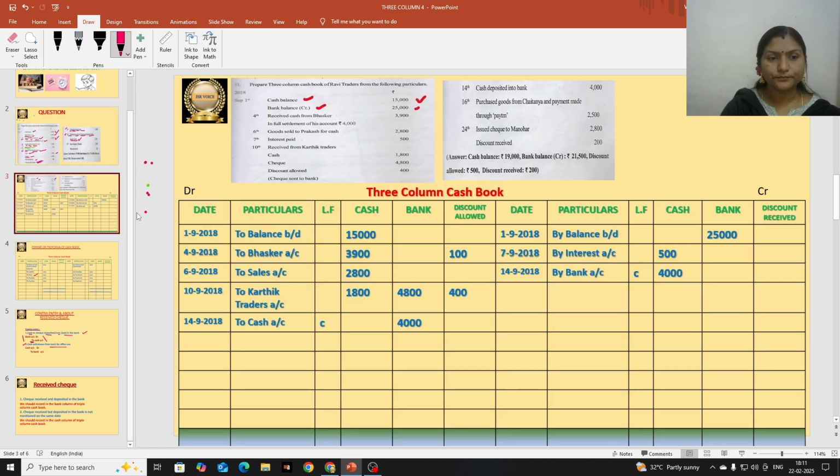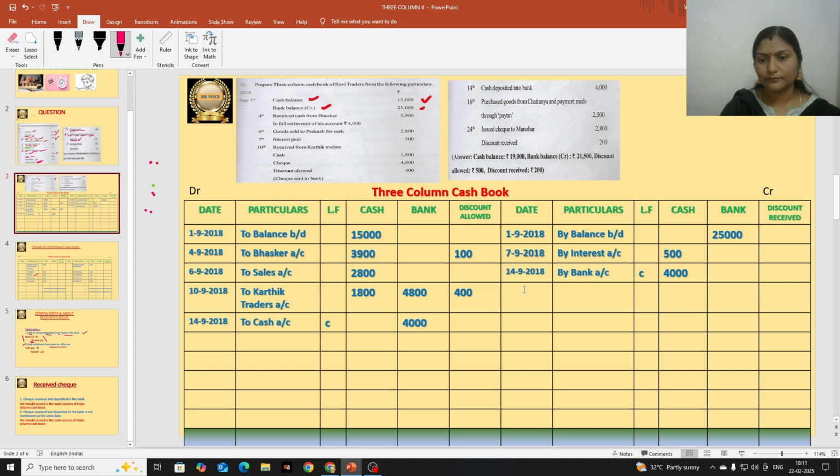Bank column. Date is 16th date, 16-9-2018. We will write "By". What are we going to write? What I said? Purchases account.